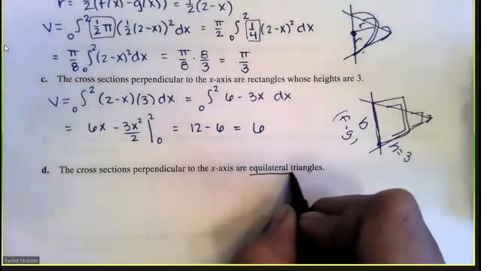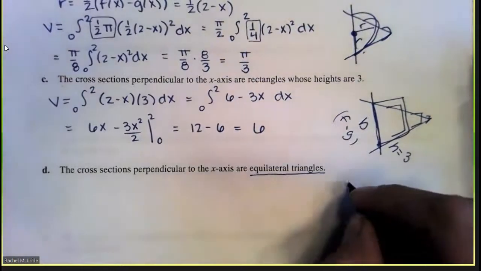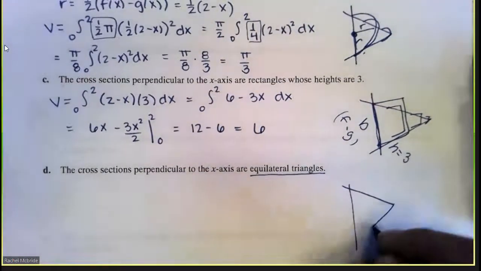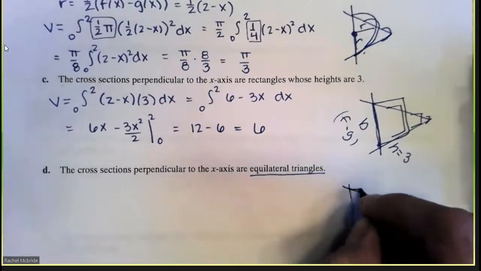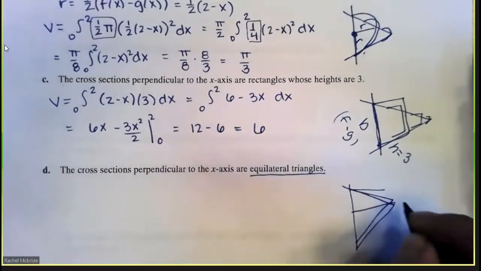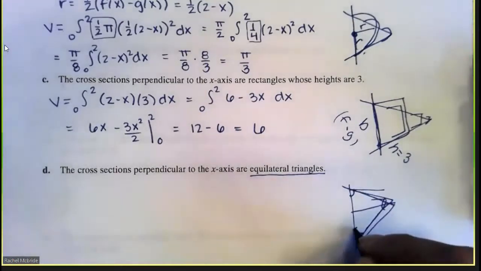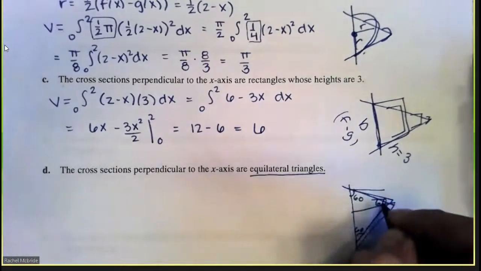What if they're equilateral triangles? So if you think about this graph again, and now you're drawing a triangle up in the air. An equilateral triangle means all of my angles are 60.